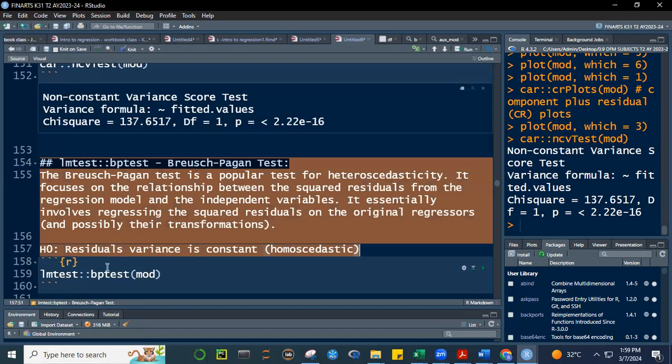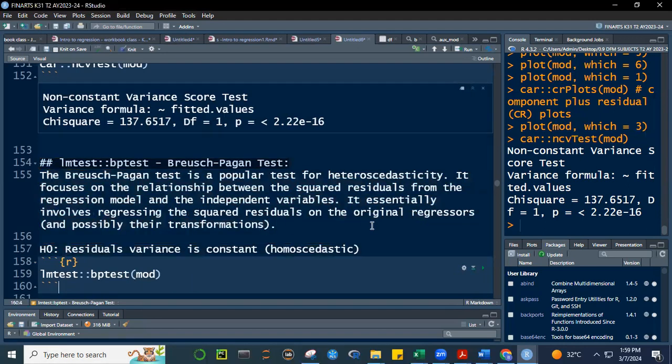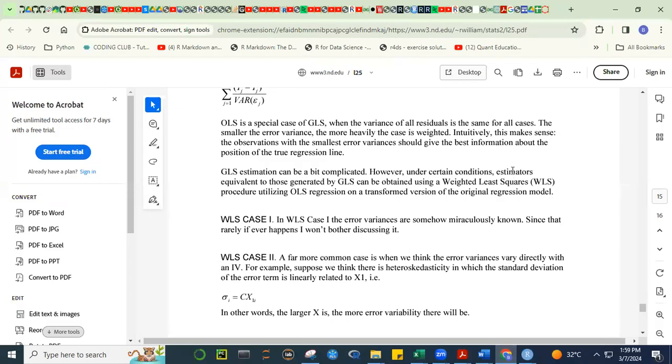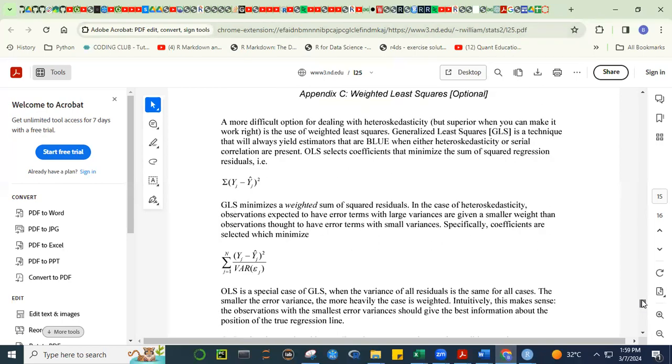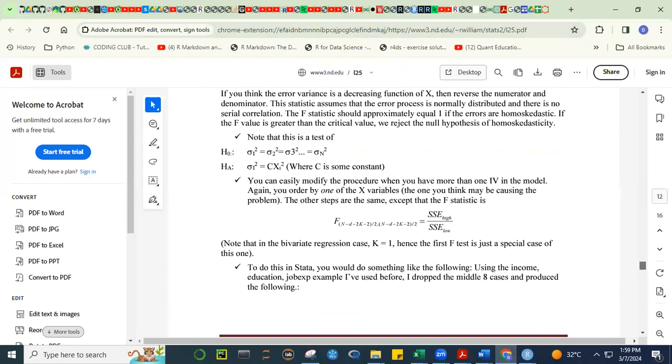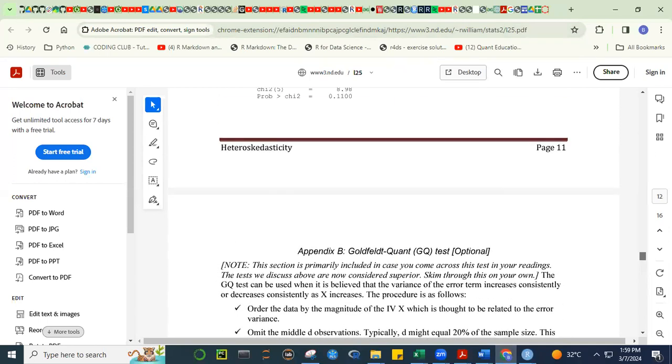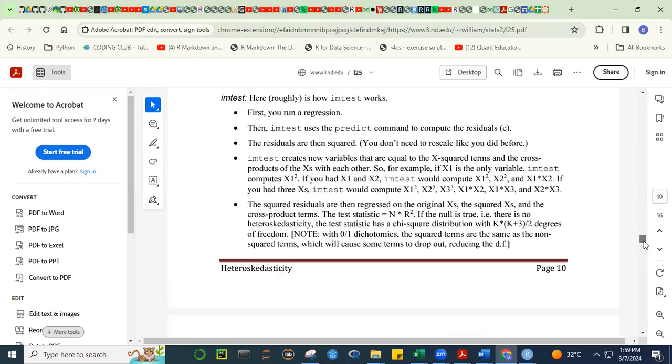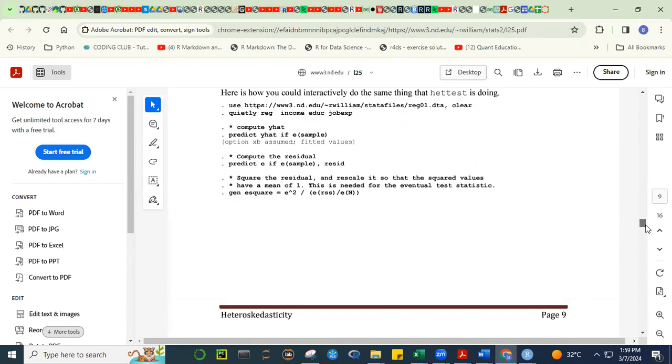Okay. So the Breusch-Pagan test is a popular test for heteroscedasticity. By the way, class, going back to our reference a while ago, there are other tests here, no? For example, there's also the GQ test for heteroscedasticity.